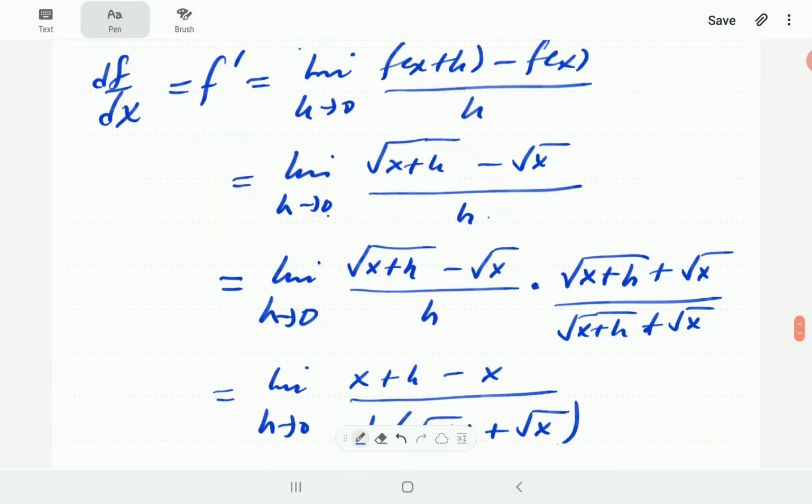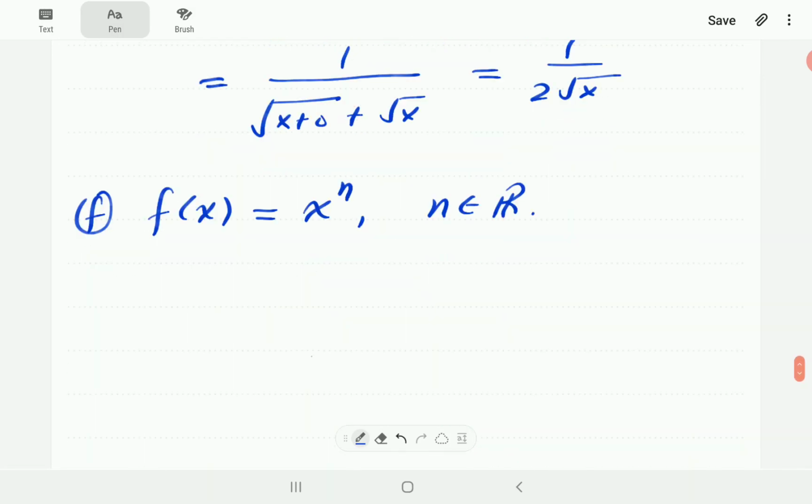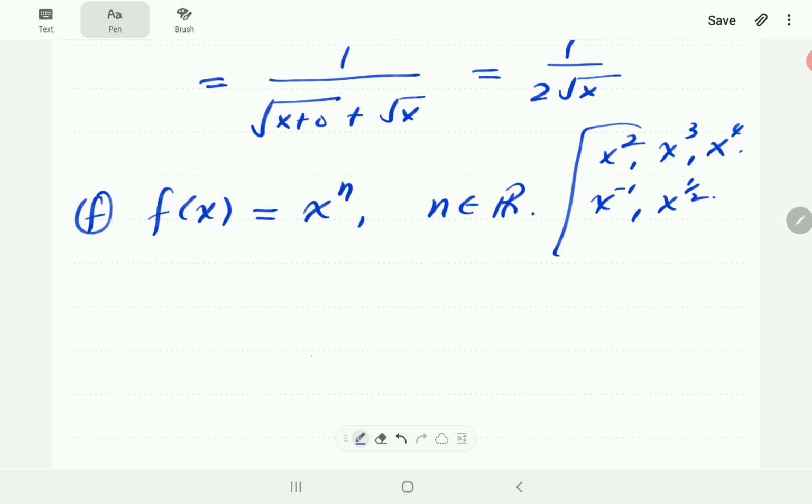So in C, we had x squared. We could have gone on to do x cubed and x to the power 4, etc. Then in D, we had 1 over x, which is simply x to the power minus 1. And then the next one was square root x, which is simply x to the power half.